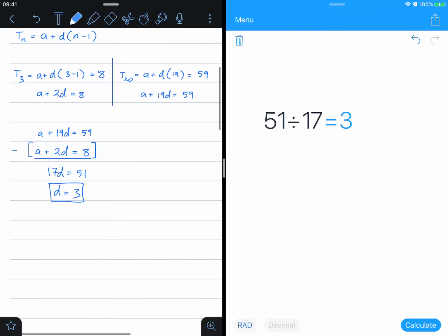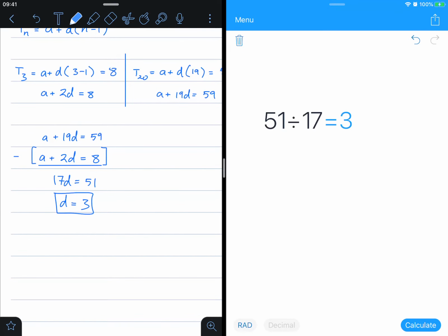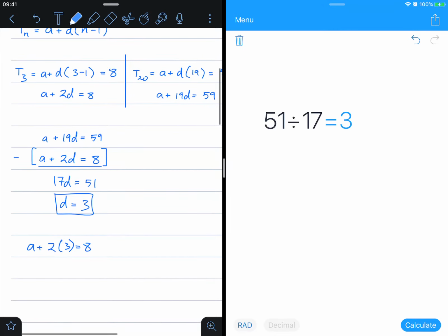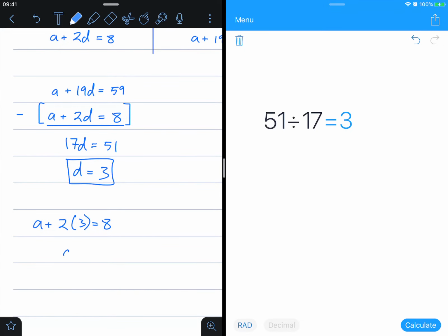Since we have the common difference, we can find a using this formula here. a plus 2 times the common difference of 3 is equal to 8. That's 6, so a equals 8 take away 6, which is 2.